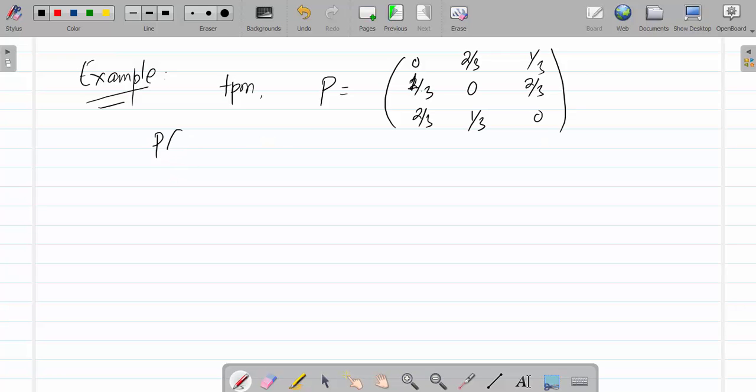With probability X0 equal to i, this is also 1 by 3, i equal to 1, 2, 3. So state space S equal to 1, 2, 3. We have to find the stationary transition probabilities. So we can proceed in a similar way to find the stationary transition probabilities.